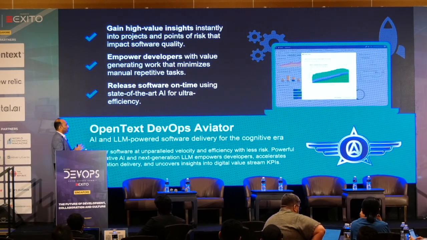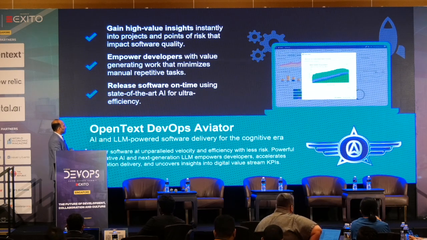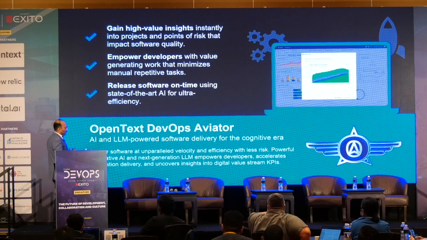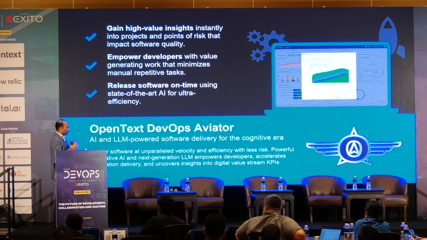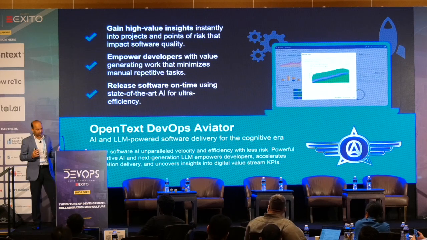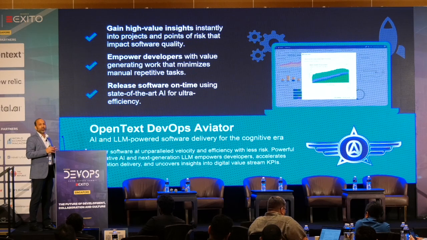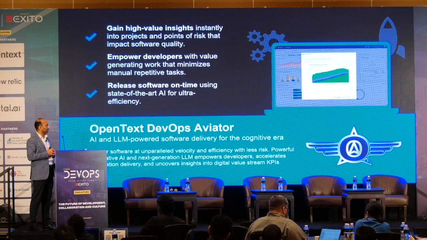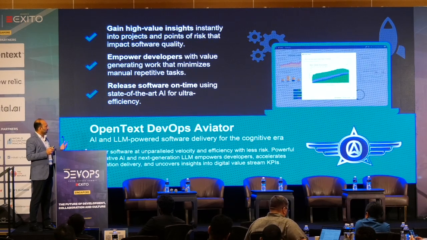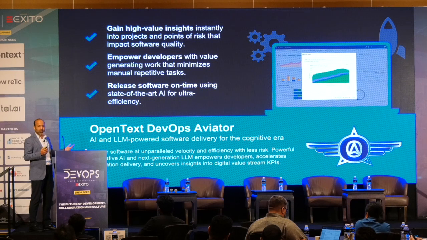It is built on powerful AI, generative AI, and large language models to empower the DevOps platform to unlock deep insight of the application delivery. It's a smart virtual assistant on the platform.